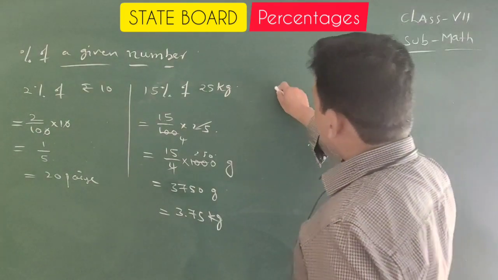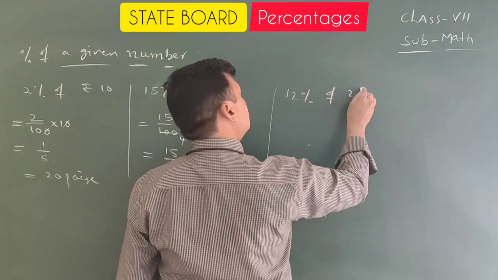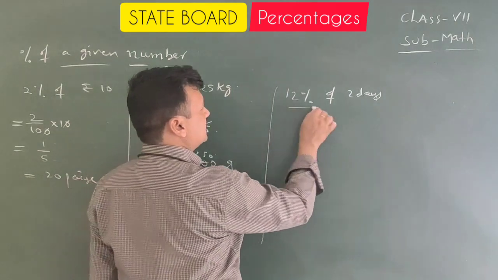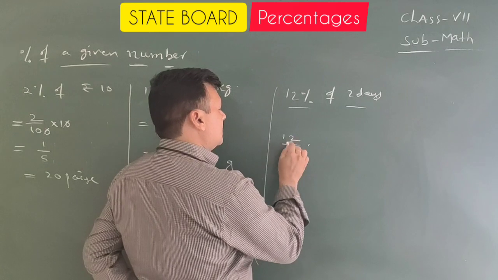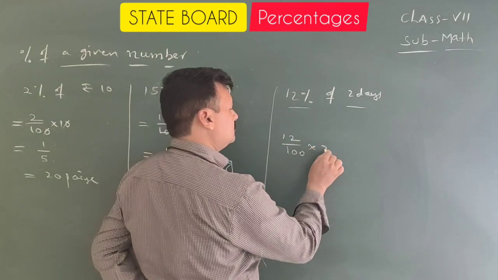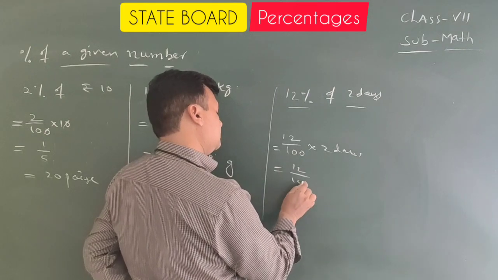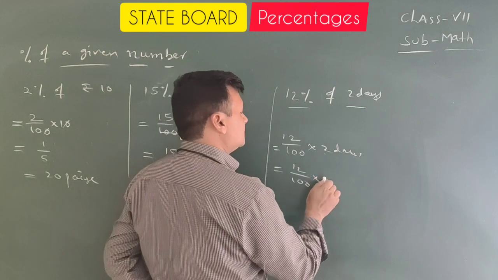Okay, 12% of 2 days. Here 12 by 100 into 2 days. 2 days is nothing but, per day 24 hours, 2 days is 48 hours.